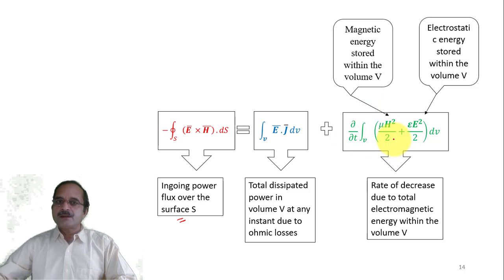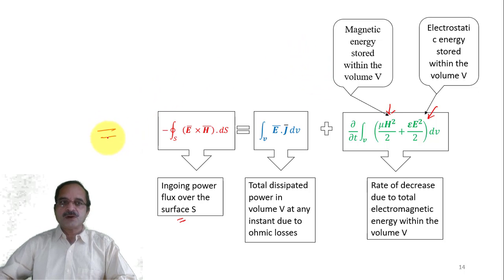And these two terms, the first represents the magnetic energy stored within the volume, and the second, as we have discussed, is the energy stored in the form of electrostatic energy within the volume. Both together represent the rate of decrease of total electromagnetic energy within the volume V. So this is what the Poynting theorem is.